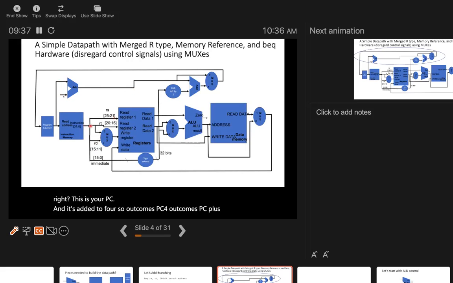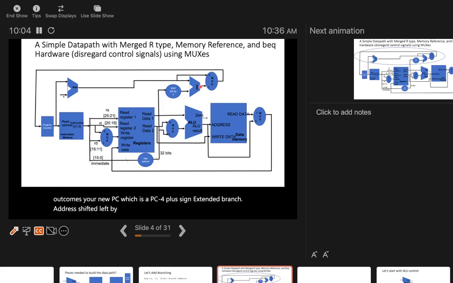The branch address is the 16-bit immediate field that first is sign extended so that it becomes 32 bits. Then it is shifted left by 2. Now you have the sign extended branch address shifted left by 2, and that is added to PC plus 4. Out comes your new PC, which is PC plus 4 plus the sign extended branch address shifted left by 2.